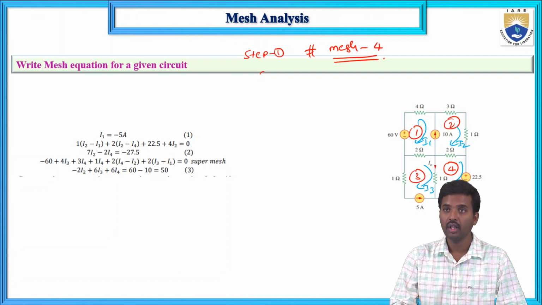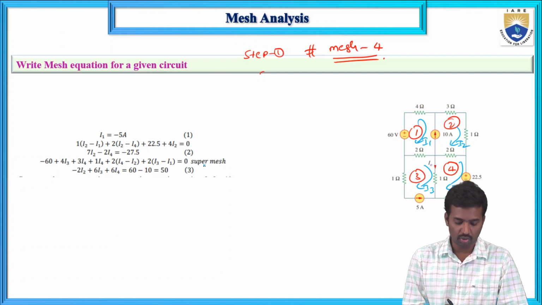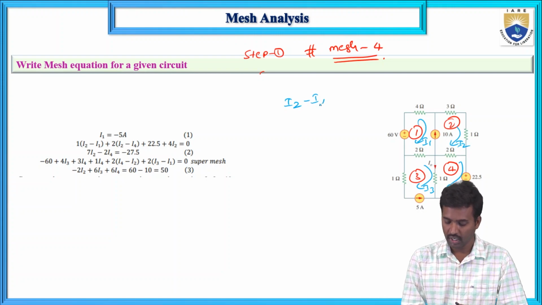So now how will you write the equation? Here I am writing I2 minus I1. This I2 minus I1 equals this I2 minus I1, where this one is I1 and next is I2.